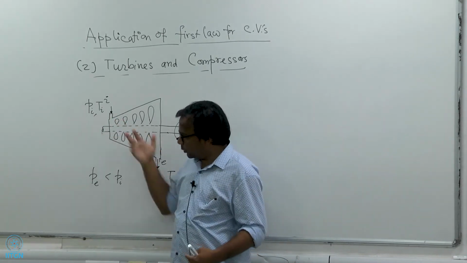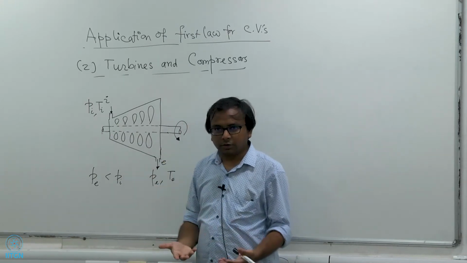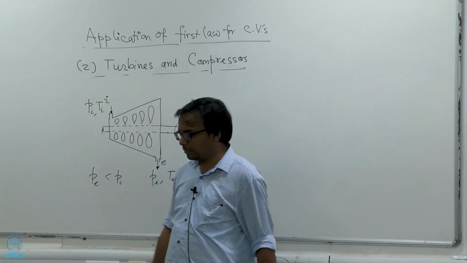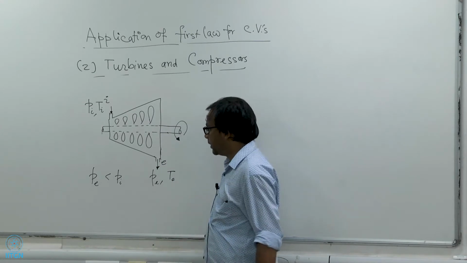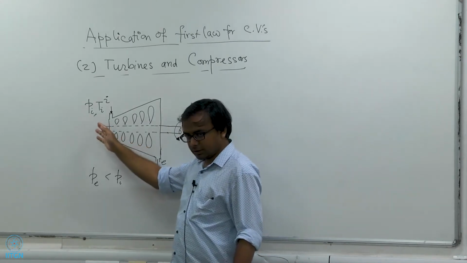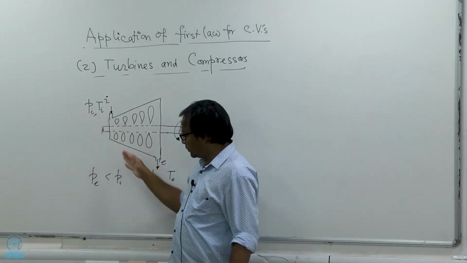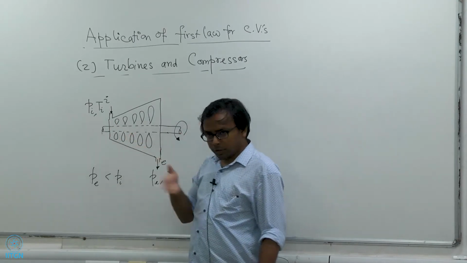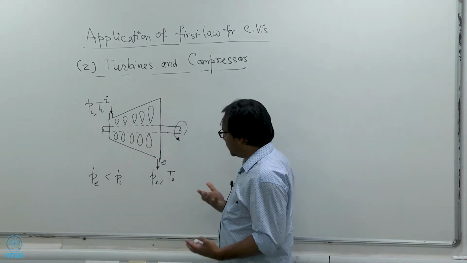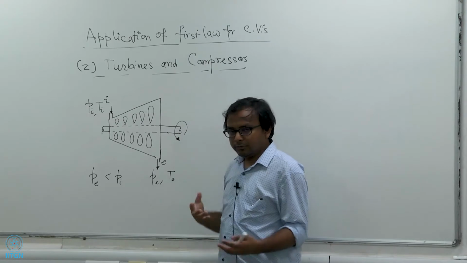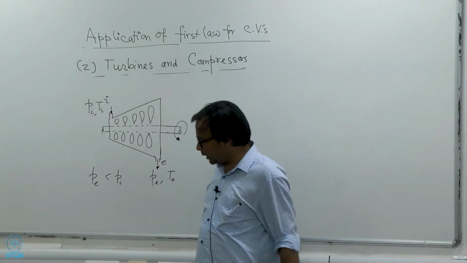As the fluid rotates the blades, its pressure gradually drops because it has to exert force against the blade. As a result, the pressure of the fluid drops, and by rotating the blades and in turn the shaft, the fluid is doing work.